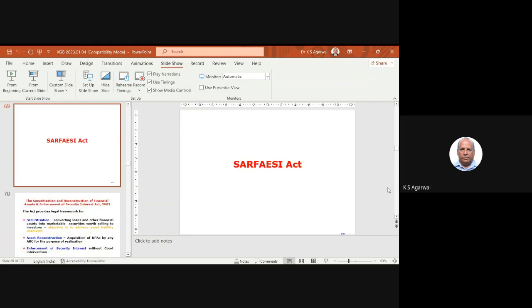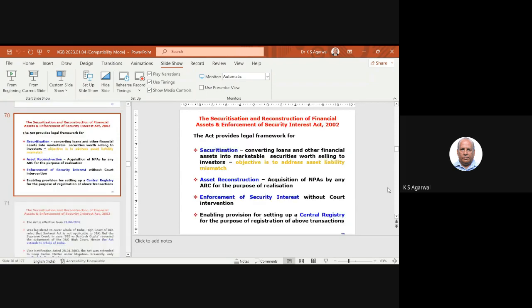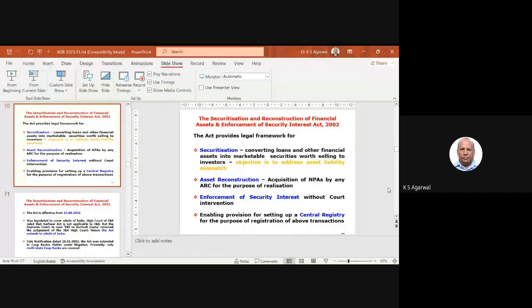We come to the SARFAESI Act. Full name is Securitization and Reconstruction of Financial Assets and Enforcement of Security Interest Act. This was enacted in 2002. So, a very lengthy name.